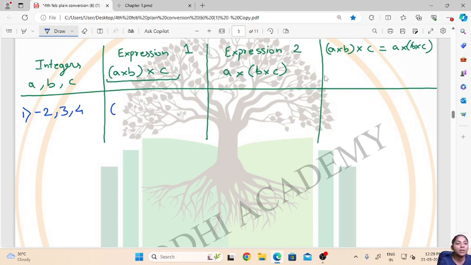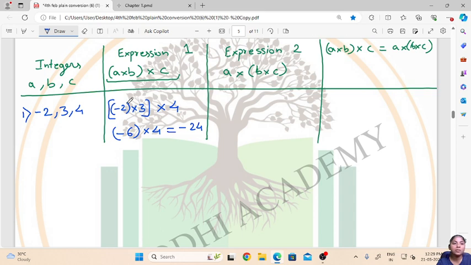We have (a × b) × c, which is -6 multiplied by 4, equal to -24.